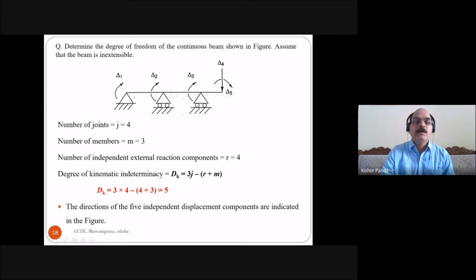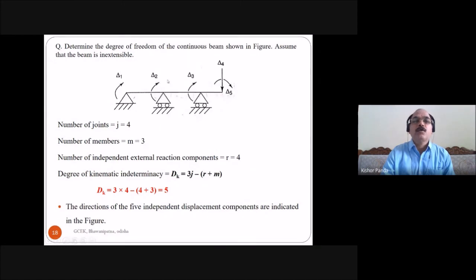So you give the direction of 5 independent displacement components. Here you see, this is inextensible, means there is no horizontal displacement. You only have to take the rotational and vertical. Here, because there is a vertical constraint against the vertical displacement, only rotational displacement takes place. Here also, due to the vertical reaction, this is the constraint against the vertical displacement.